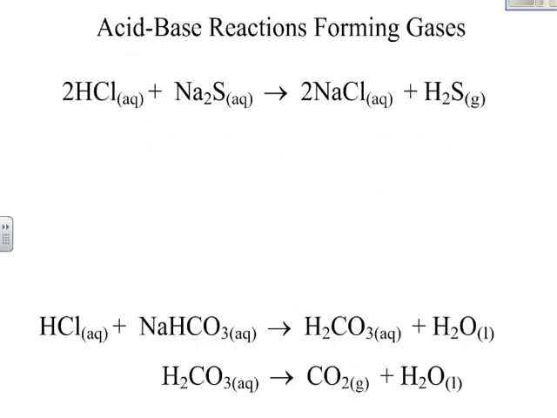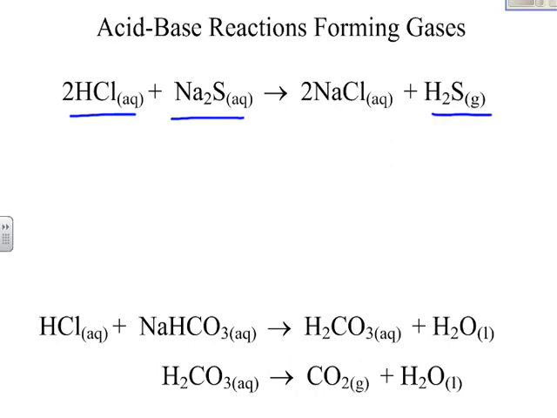Finally, we have acid-base reactions in which gases are formed. So rather than forming water, you can see that the acid, hydrochloric acid, and sodium sulfide react together to form sodium chloride, aqueous, and H2S gas, hydrogen sulfide gas.